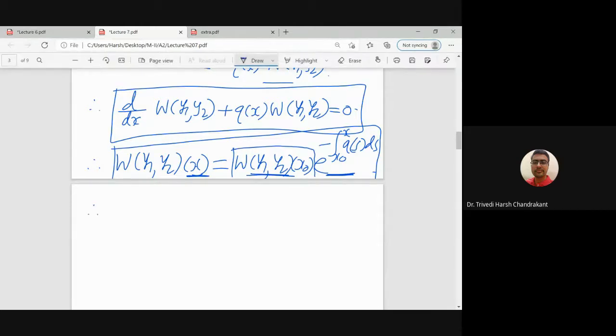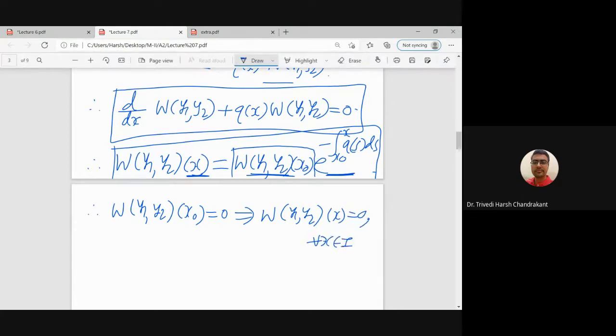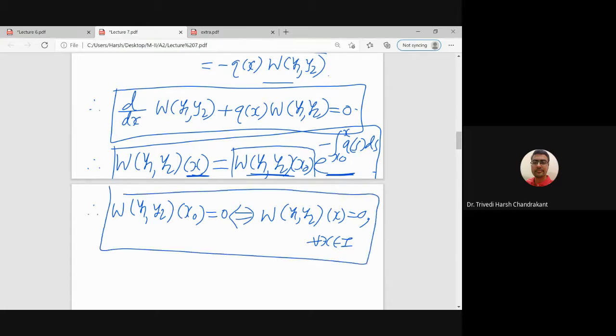So we can rewrite this: if the Wronskian is 0 at some particular point, then the Wronskian is 0 at all points in the interval, from this previous equation. And the converse is trivial, because if the Wronskian is 0 at every point, it is obviously 0 at some particular point.